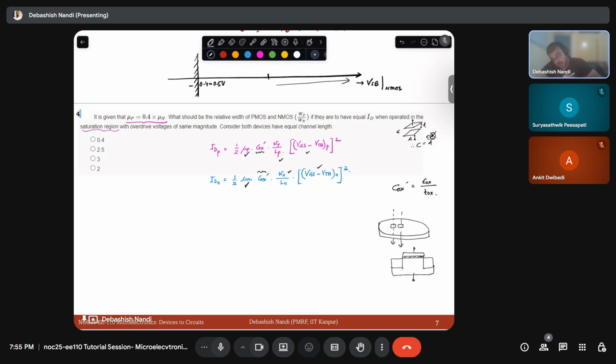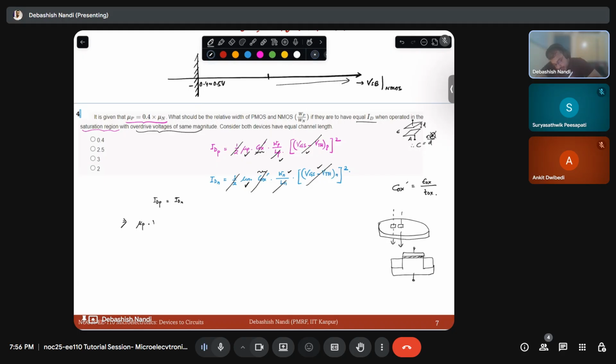Understand this. So now in the question it is given that the channel lengths are also equal. We will see. Equal ID, that means I need to equate these two. So what can I omit? I can omit these halves, these Cox, these L's, these overdrives are also the same. So what am I left with?